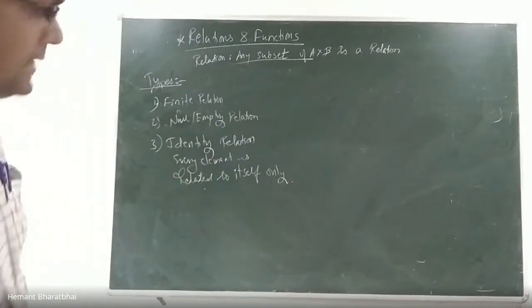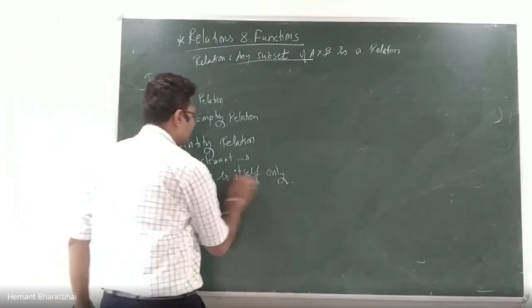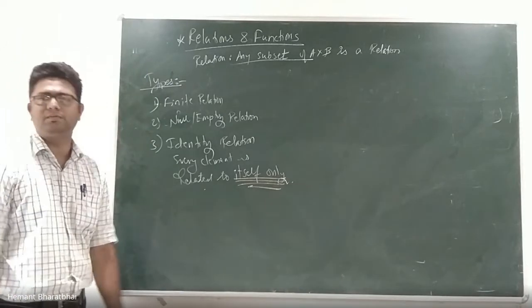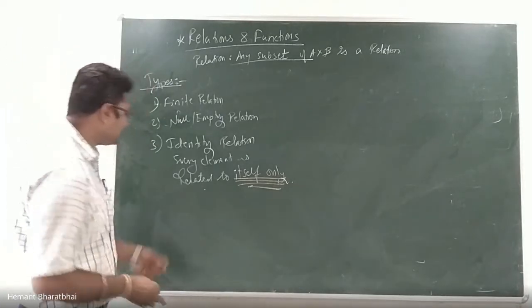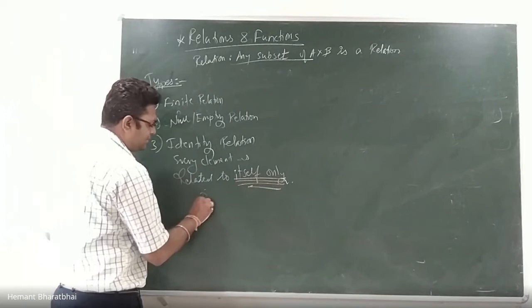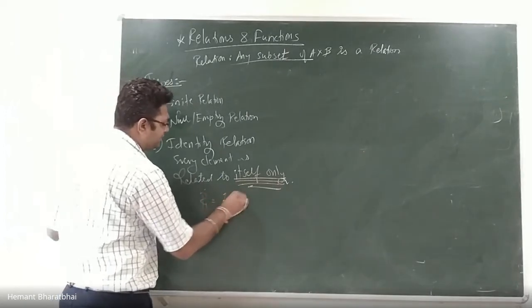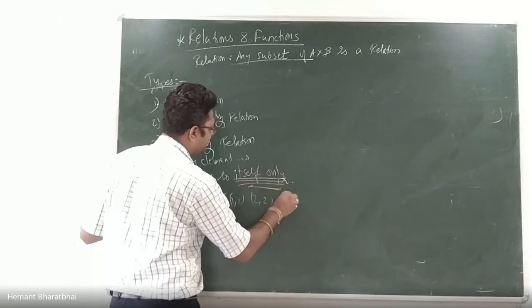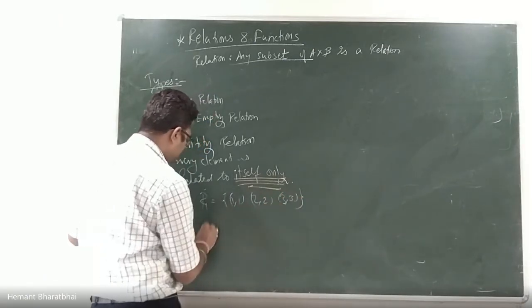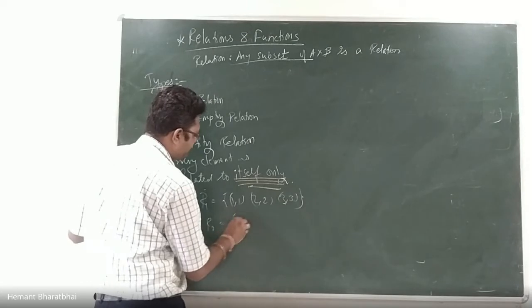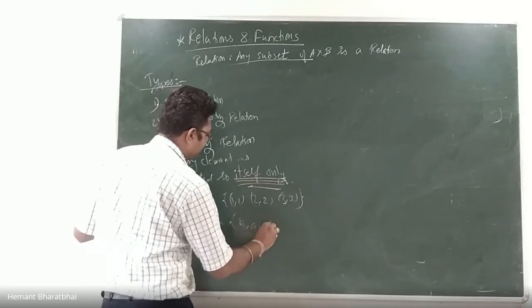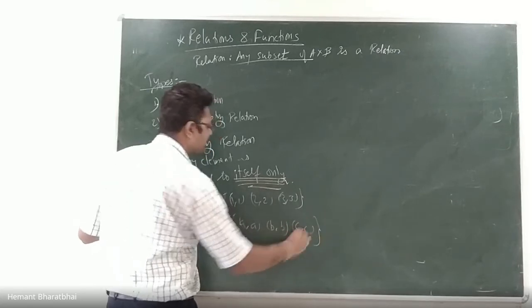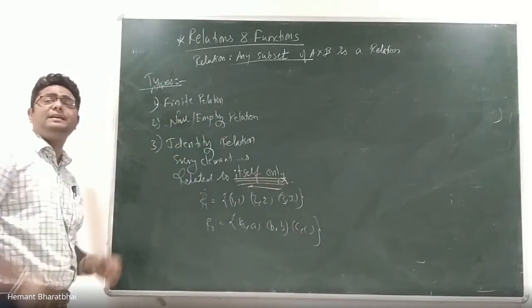Every element is related to itself only. So suppose I am to write an example, you can write something like this: 1, 1; 2, 2; 3, 3. Or I can write A, A; B, B; C, C. That should be itself only.